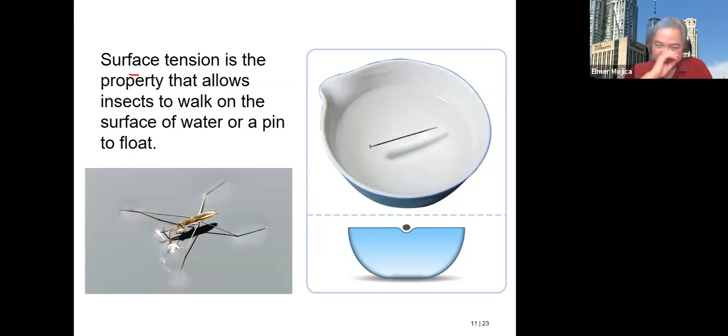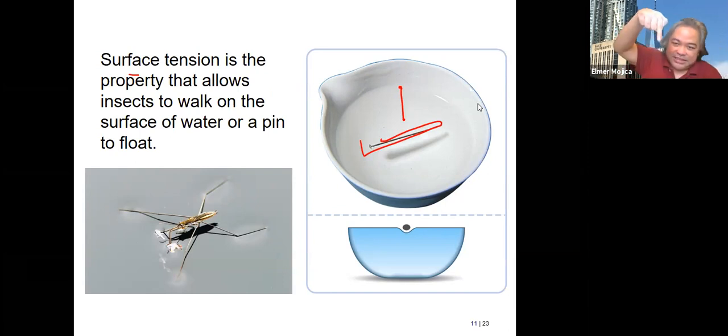Now imagine if you're going to place this needle in this position, what do you think will happen? If you have the needle positioned like this, there's enough surface for it to float. So the surface tension is enough for it to float.